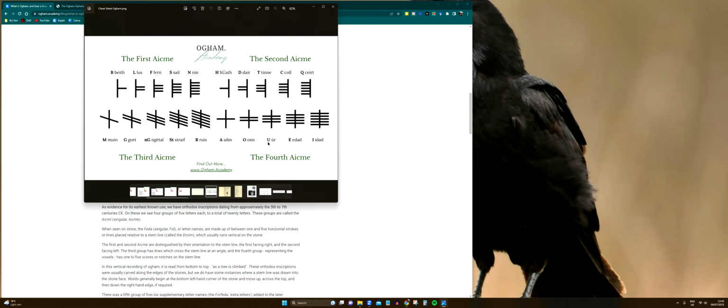And the fourth group, representing the vowels, has 1 to 5 scores or notches on the stem line, and they go straight across. Now, it says scores or notches. Sometimes you will see the vowels written as like a dot or a notch along the stem line rather than a horizontal line, as we see in the cheat sheet. Either way is perfectly fine.